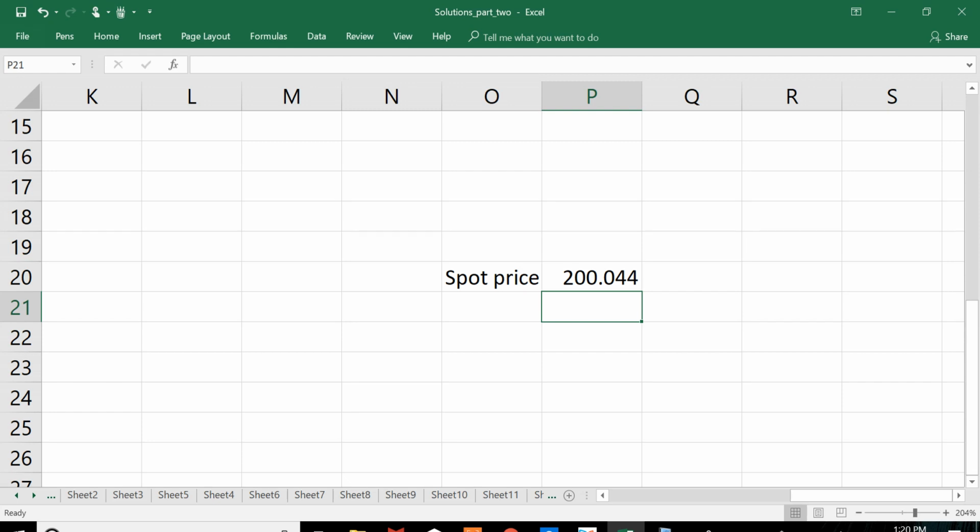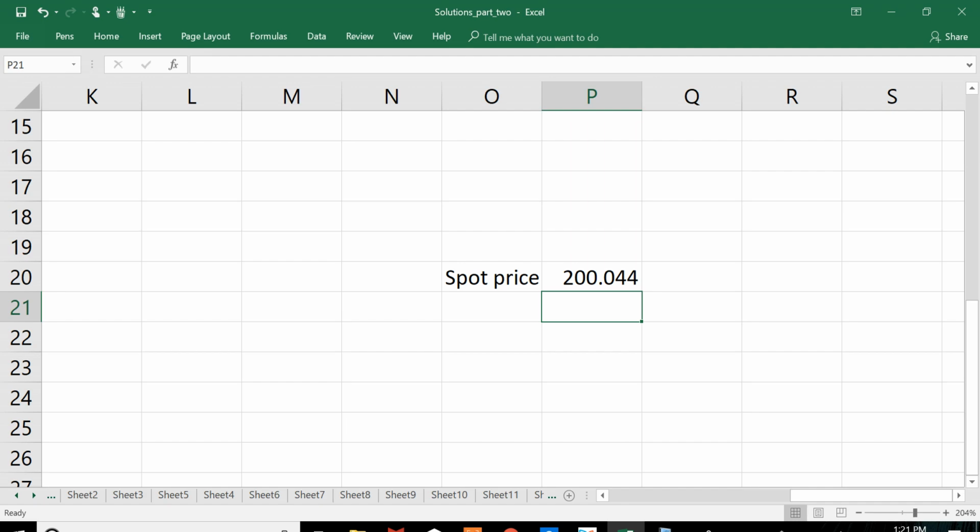Some up or down can be there because of rounding issues, but broadly this will be the number. It is 1 plus 0.0066 in your calculator. 0.66 percent is 0.0066, or 0.0067, whatever. 200.04. Any doubts on this?